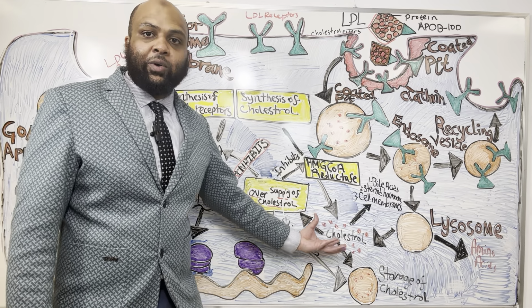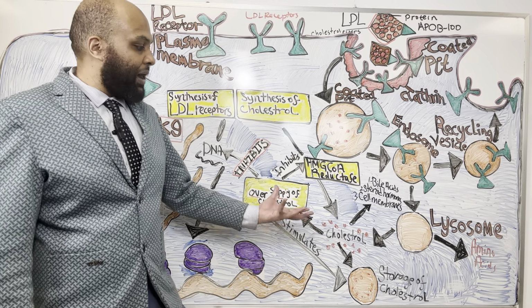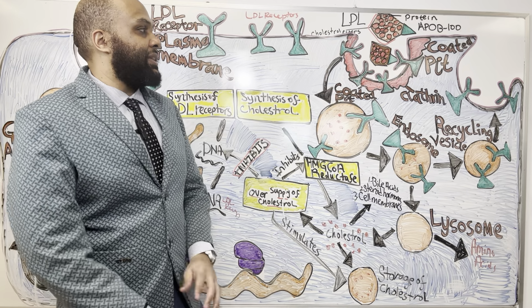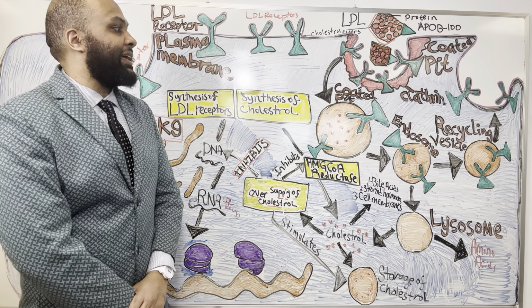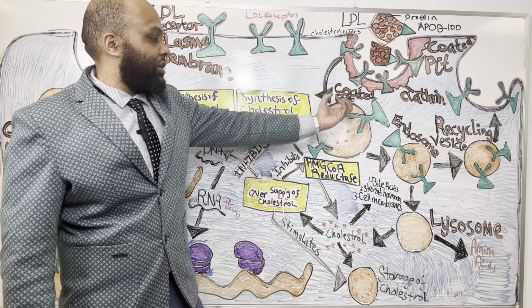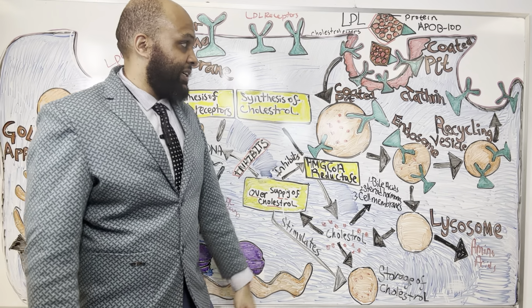You see, now that's how we got cholesterol. So that is one pathway to get cholesterol, the endocytosis mediated clathrin coated pit. The clathrin coated pit is going to bring in the cholesterol and deposit it in the cell.